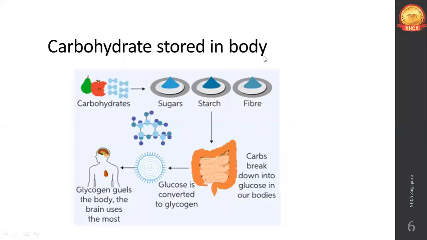Once it gets absorbed into the body in the form of sugars and starch, it will convert itself into glucose. Glucose is required to fulfill the energy purposes. The remaining abundance of glucose is converted into glycogen, and glycogen is stored in your liver and in your muscles as well. So that's how carbohydrate is stored in your body.